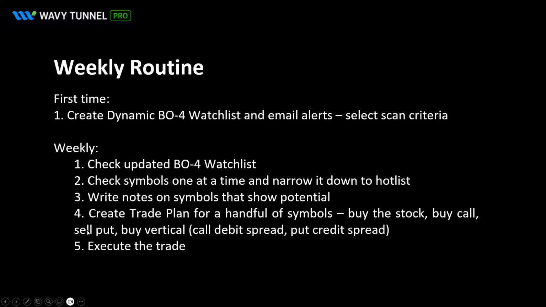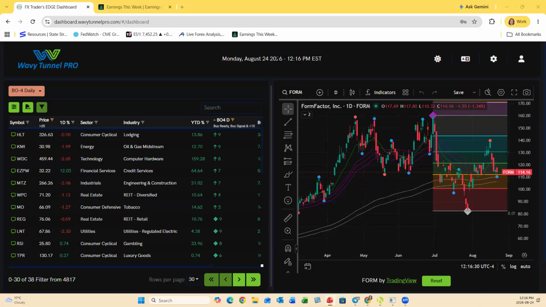You can buy a call, you can sell a put, you can buy a vertical, a call debit spread, or a put credit spread, and then you execute the trade. All right, let's get to the scanner now. So this is the scanner, the dashboard scanner.